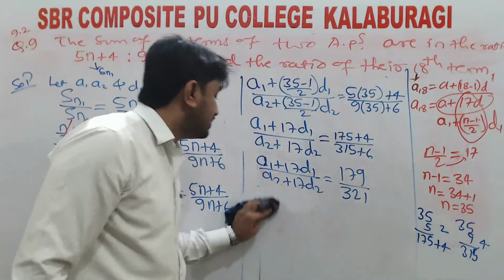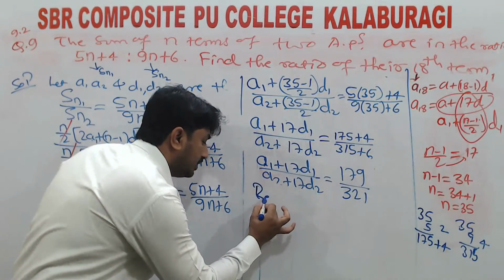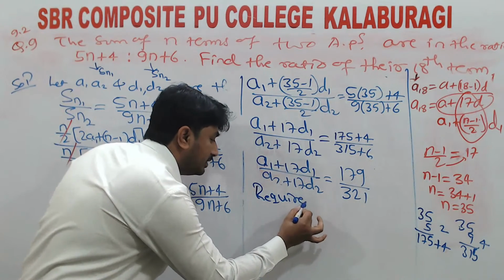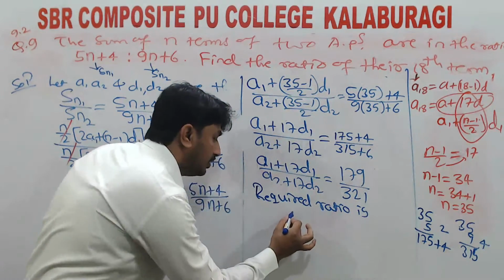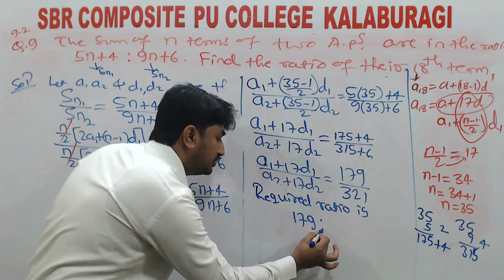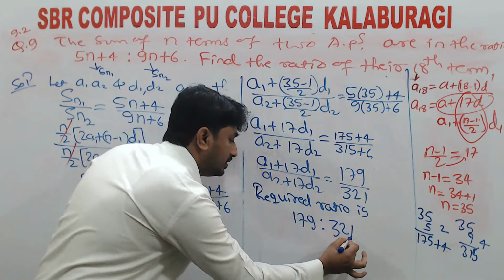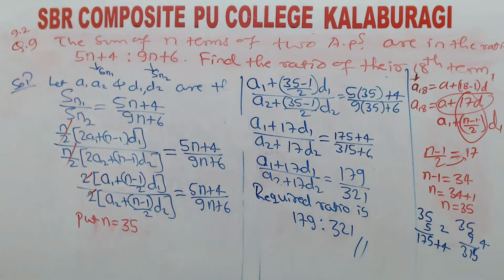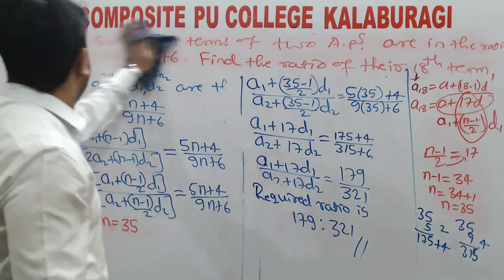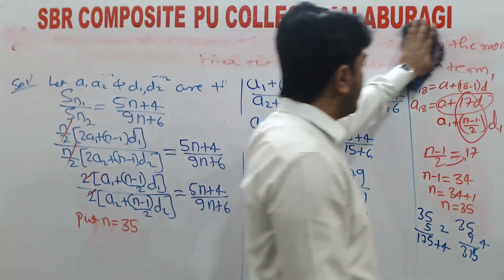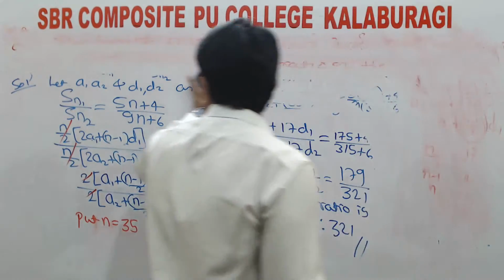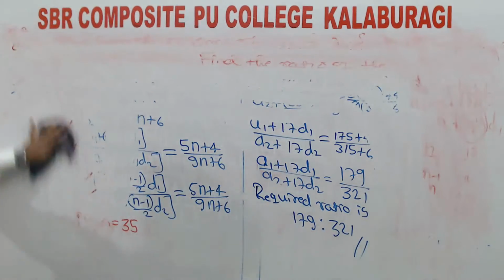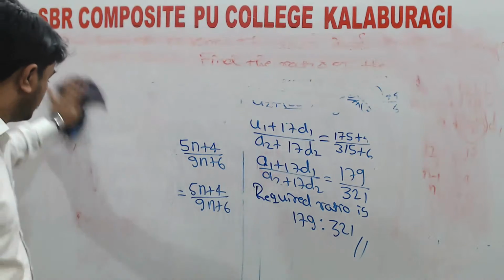Therefore, our required ratio is 179 is to 321. These two examples and questions are the same. We move on to the next question.